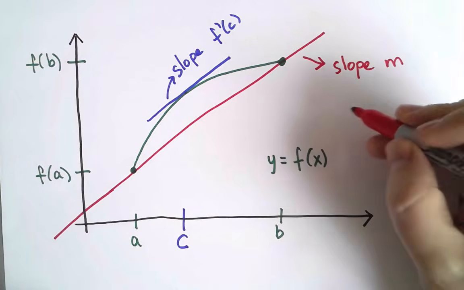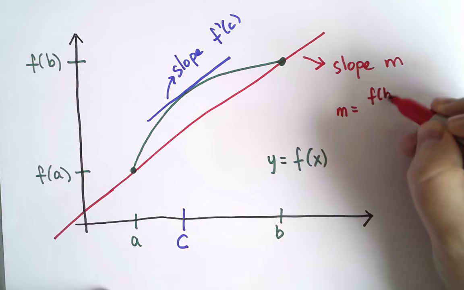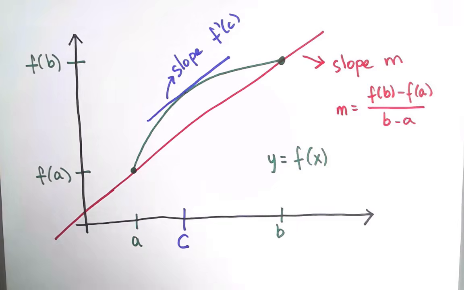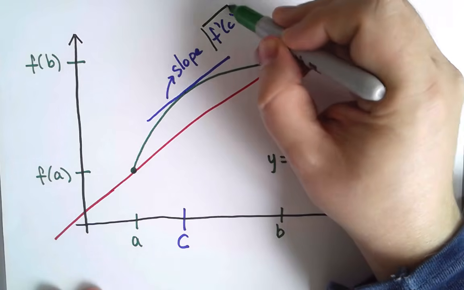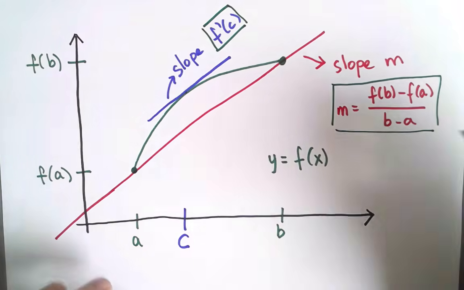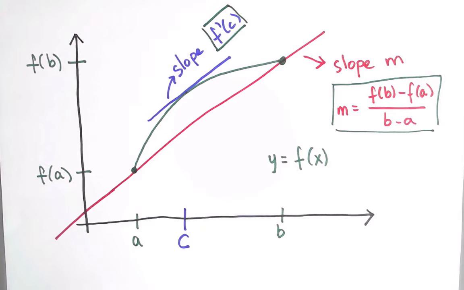So the slope of that line is simply f of b minus f of a over b minus a. So to summarize, I think I can conclude that there is a point in the interior where the derivative must be equal to this quantity. Well, I'm not sure what I'm going to do with that conclusion, but that seems to be the conclusion we can draw. And in fact, that's going to give us a statement of the mean value theorem.